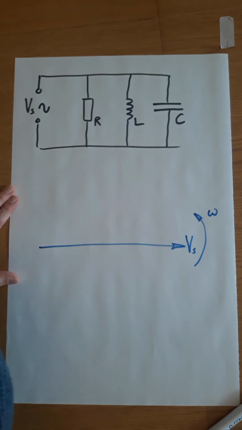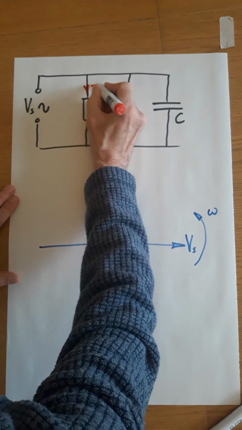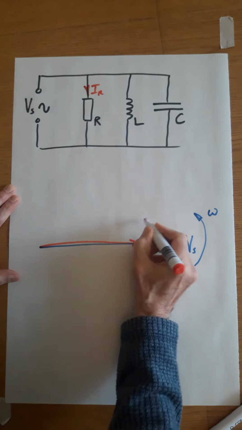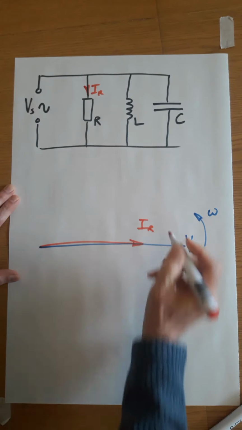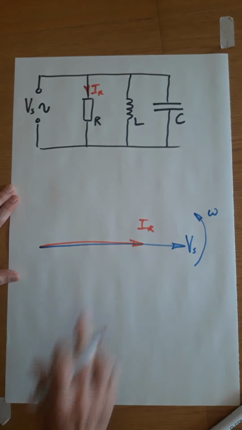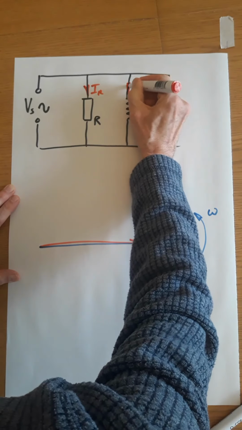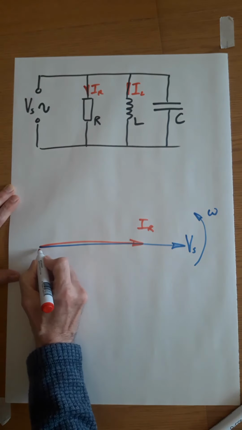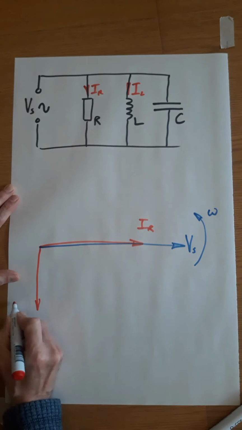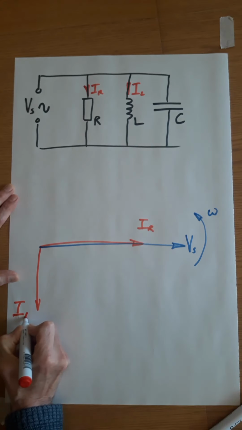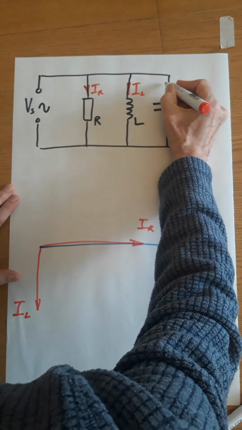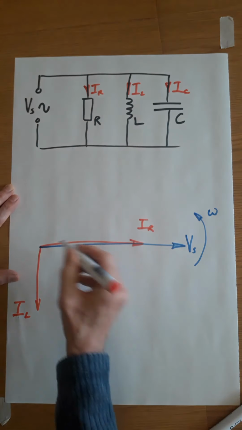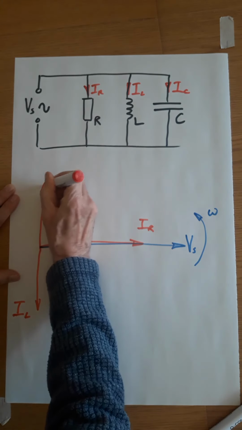The current through the resistor, IR. Voltage and current are in phase in a resistor. Current through the inductor. Current lags voltage in an inductor. The current through the capacitor. Current leads voltage in a capacitor.